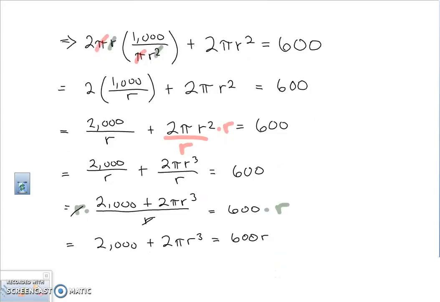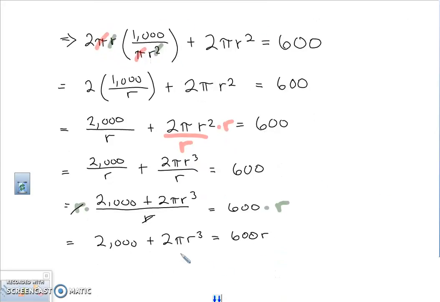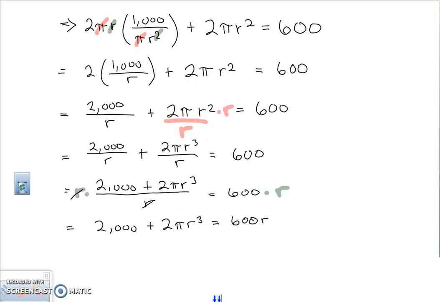Okay, do some algebra, and once we get to this step, we can subtract 600r from both sides to get 2000 plus 2 pi r cubed minus 600r equals 0.